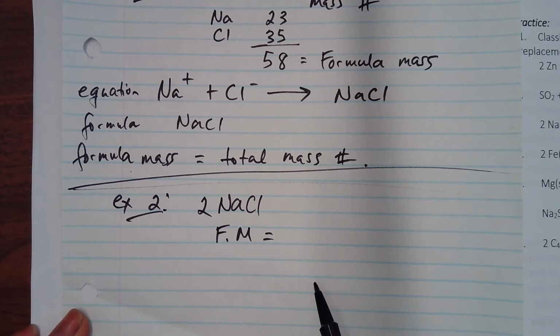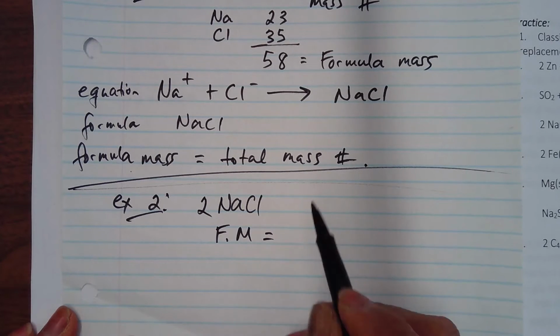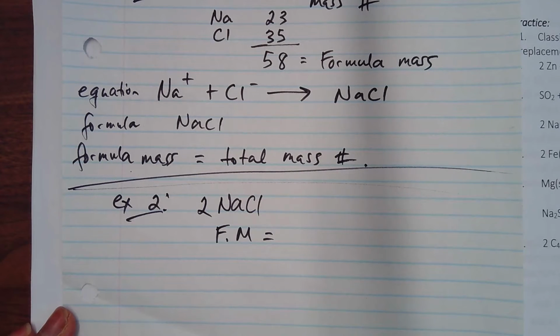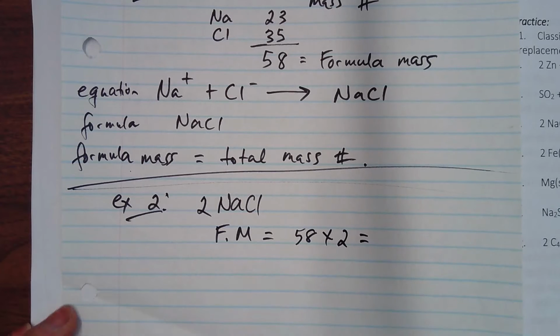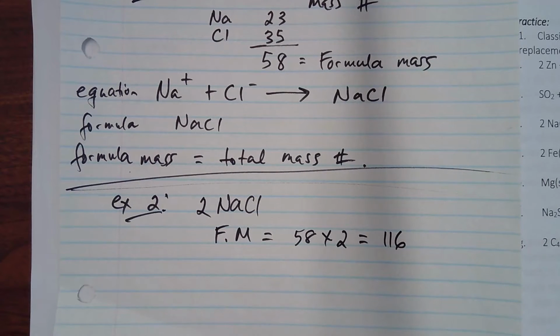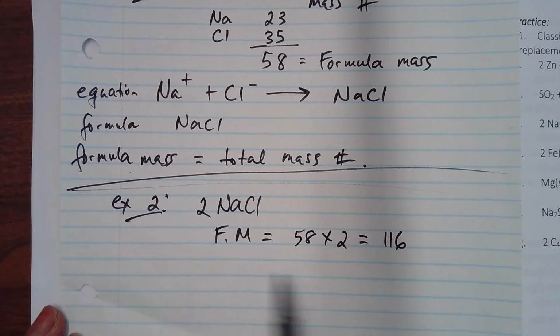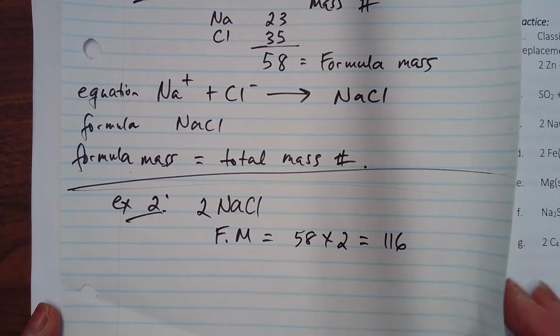It would be 116. Yeah, that's right. Because we just calculated 1, right? And you just double it. So this will be 58 times 2, which is 116. Right? That's it.